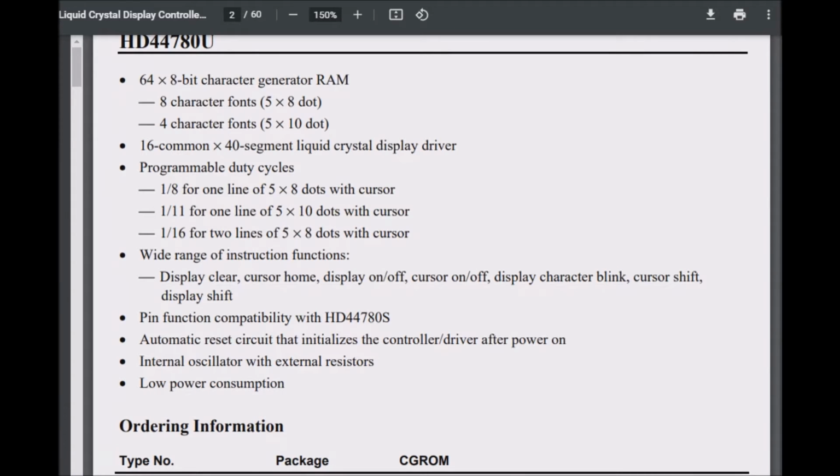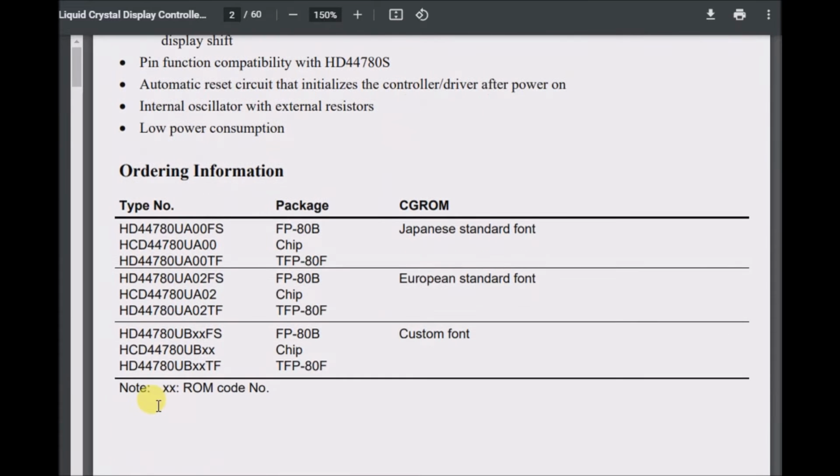Wide range of instruction functions: display clear, cursor home, display on/off, cursor on/off, character blink, cursor shift, display shift, pin function compatibility with HD44780S, automatic reset circuit that initializes the controller driver after power on, internal oscillator with external resistors, low power consumption. Ordering information, different types.